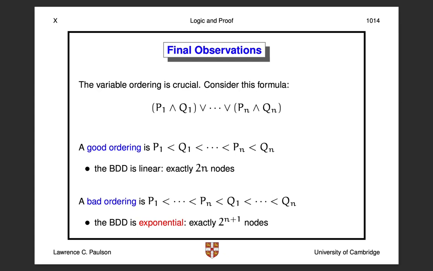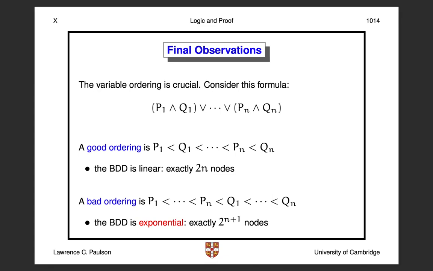What happens, on the other hand, if we order them like this, where we have all the P's followed by all the Q's? It turns out that in this case, the BDD we get is exponential. It has exactly 2 to the n plus 1 nodes.